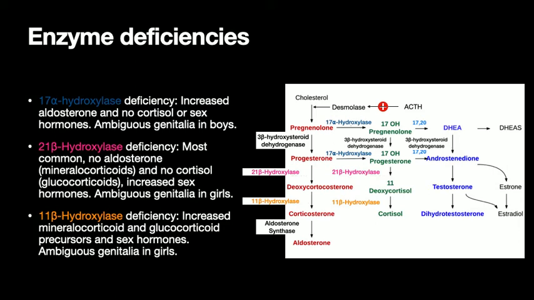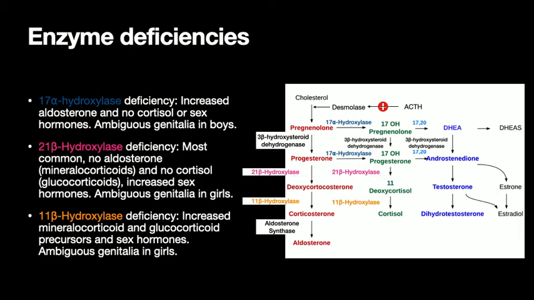Also, the knockout of the glucocorticoid pathway, mainly cortisol, results in patients being hypoglycemic since they won't be able to undergo gluconeogenesis in times of stress. Also, the knockout of the sex hormone pathway will result in ambiguous genitalia in boys, since you will not have any testosterone, which leads to secondary sexual characteristics.